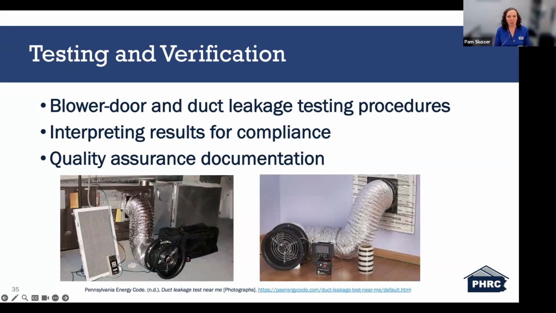Next is interpreting the results for compliance. For duct leakage, we're typically looking at CFM per 100 square feet of conditioned floor area at 25 pascals. These results must meet the limits outlined in the IECC or PA energy provisions, depending on your compliance path. And then finally, quality assurance documentation is critical. All test results should be properly recorded and submitted for inspection.